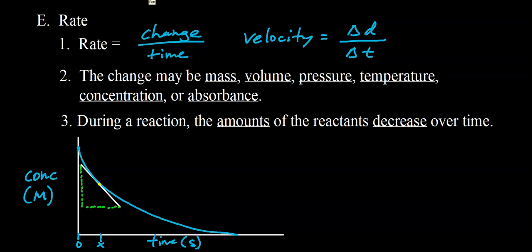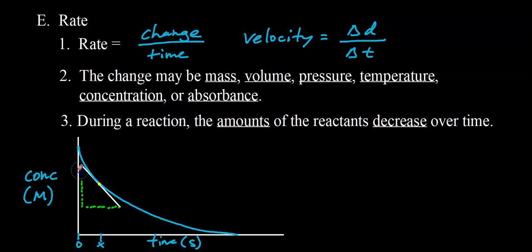This line has a negative slope. So y2 minus y1 over x2 minus x1, we're going to get a negative value. If you have a negative slope, that means we have a negative rate. Not really, just that negative means that the amount of that substance is decreasing. You can show that with a negative.